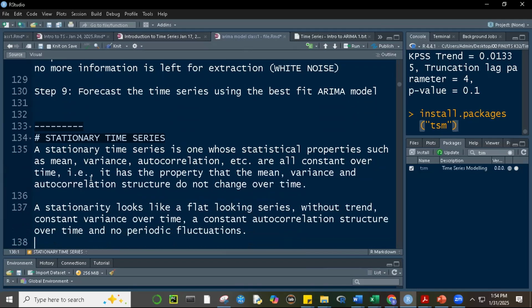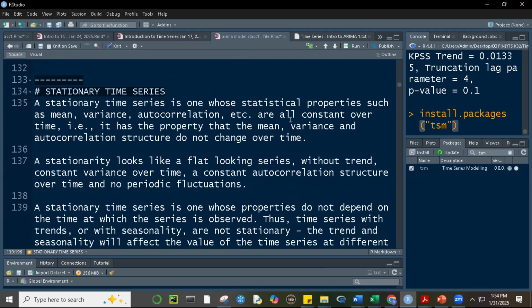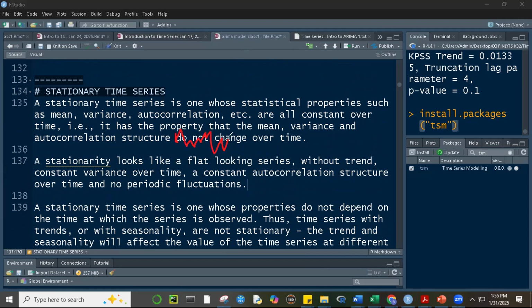Okay, so this one we have discussed before. We said that for a stationary time series, the statistical properties are that the mean, the variance, and autocorrelation are all constant over time. The mean and variance do not change over time. Stationarity looks like a flat looking series, like that.